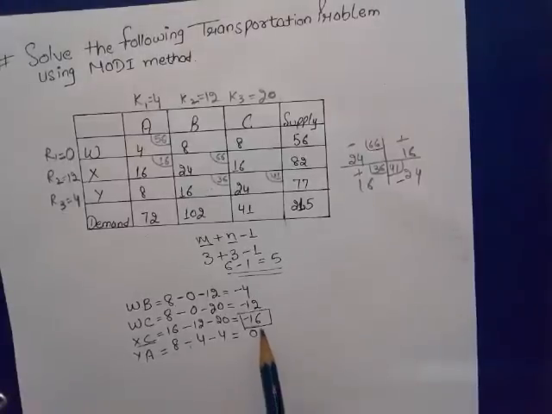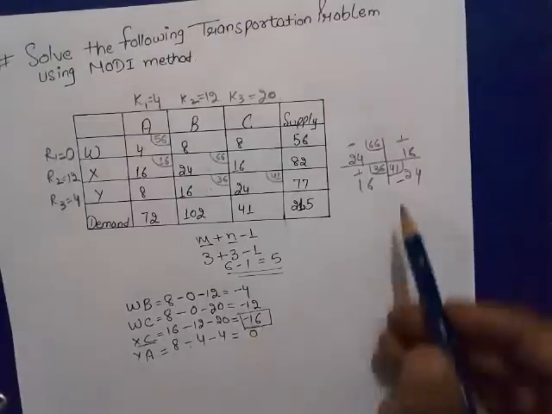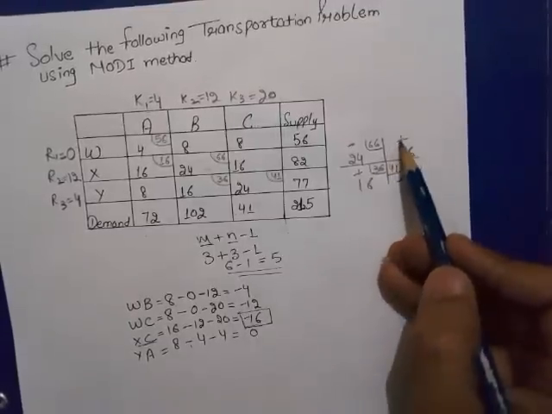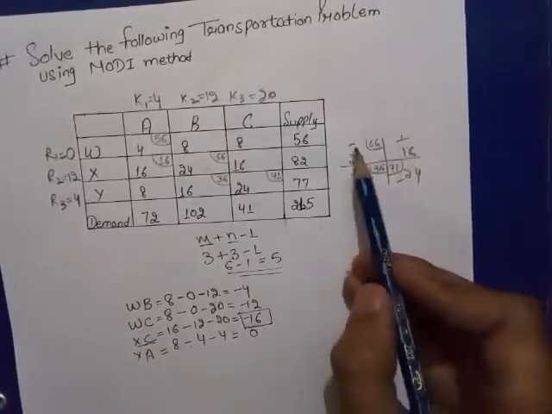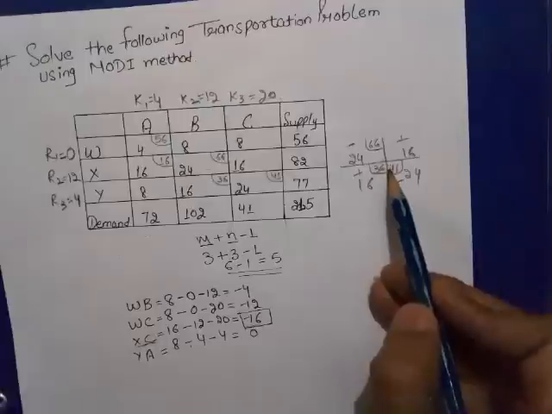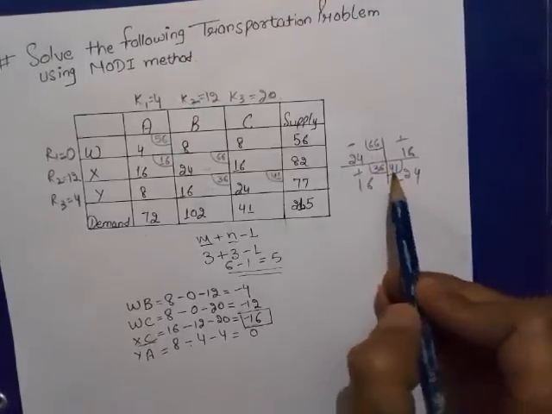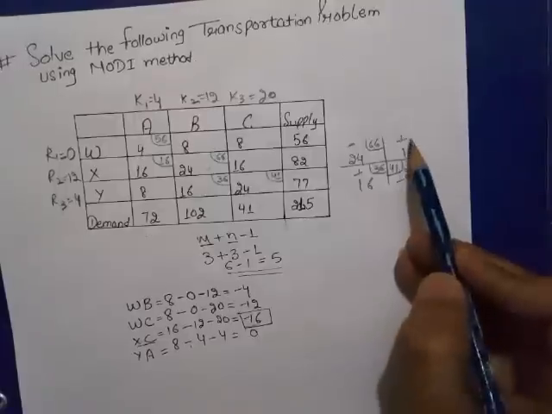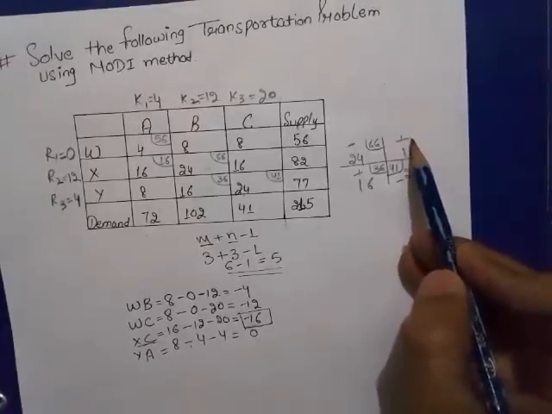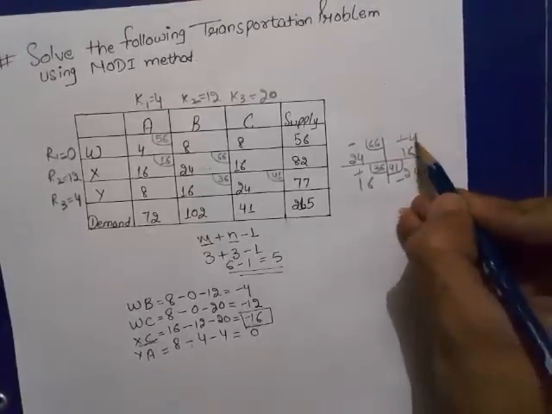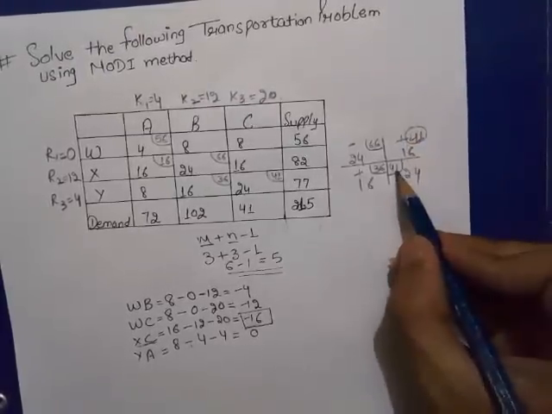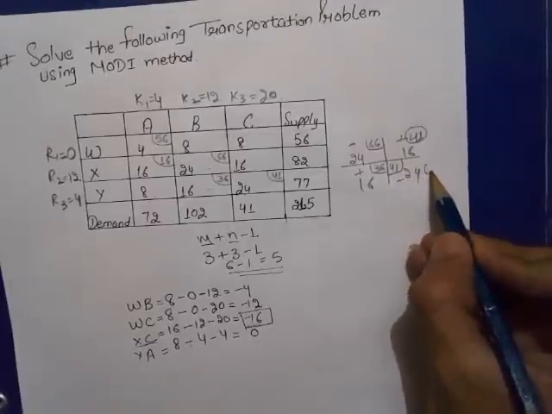In this we have selected the highest negative. In this we have to select the lowest negative. These are positive, these two are negative. The lowest negative is 41, so we have to consider this 41 and add 41 to this to make this unoccupied cell an occupied cell. 41, and to minus from this 41, this will become 0.